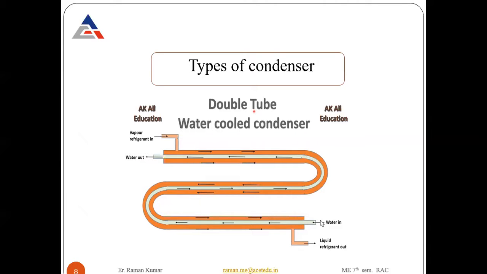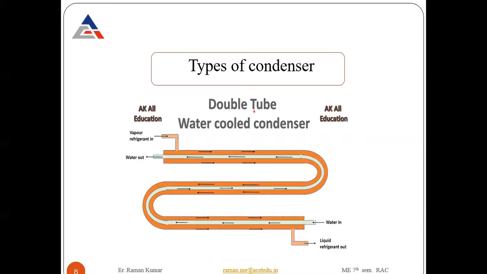Look at here, water is flowing from lower to upper side, and refrigerant is coming from the upper side to the lower side. So when the refrigerant is coming from the upper side to the lower side, it will continuously give its heat to the water.